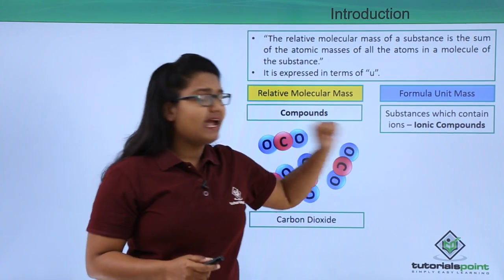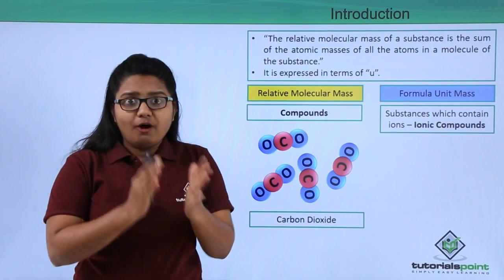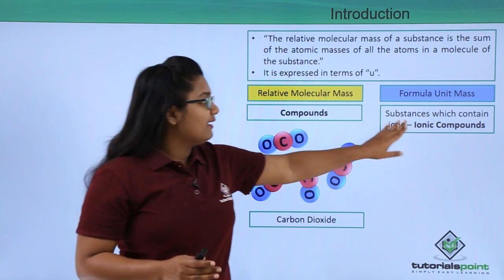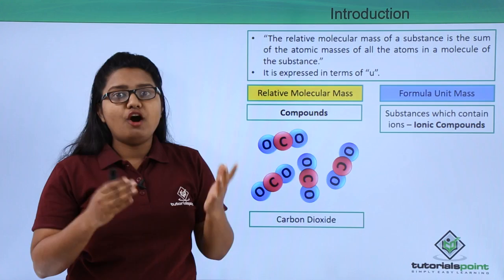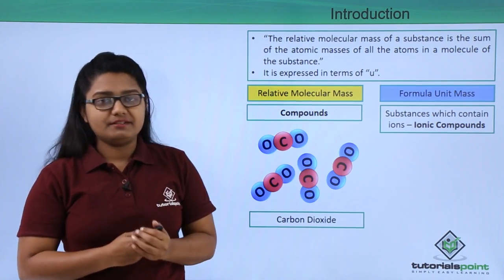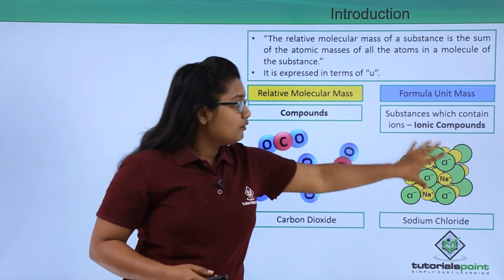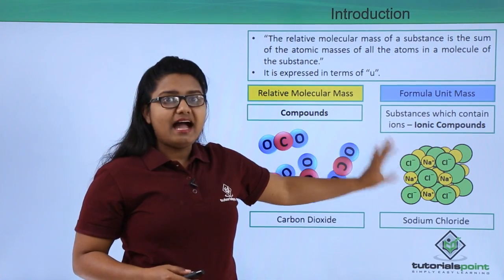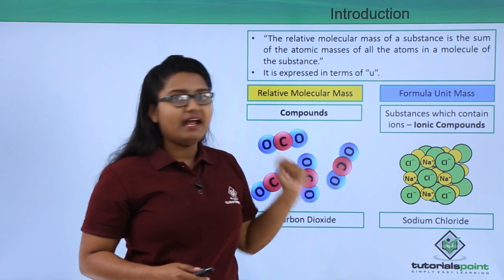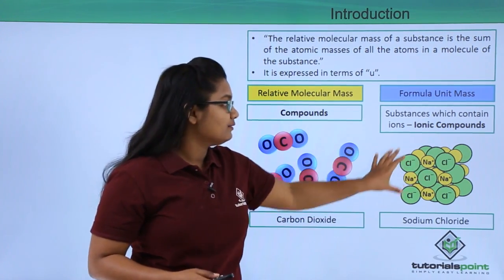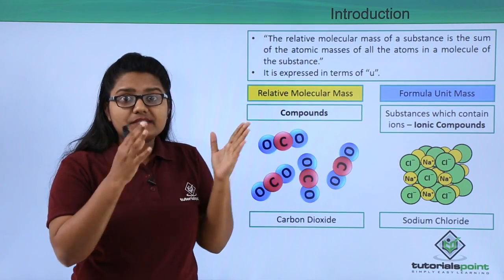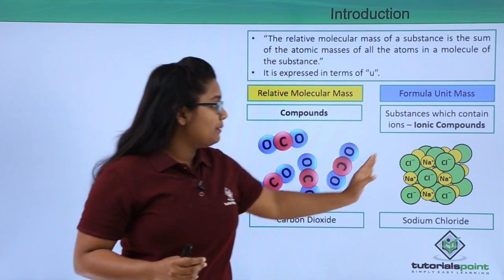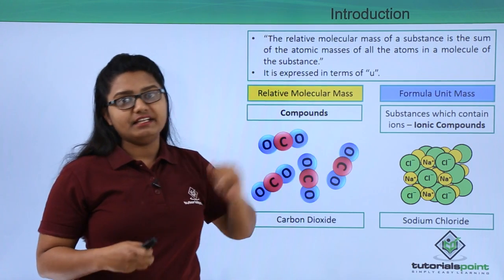Now coming on to this category, let me give you a common example of an ionic compound, which is common salt or sodium chloride. In a sodium chloride grain, these ions of sodium and chloride are arranged like this. They are packed into a small volume and also have a particular pattern of arrangement.